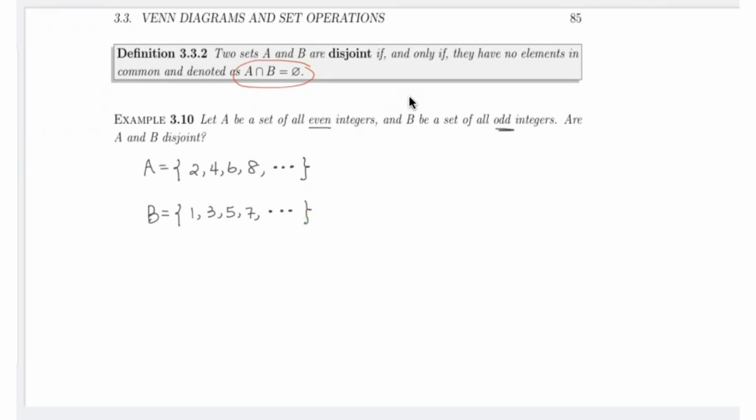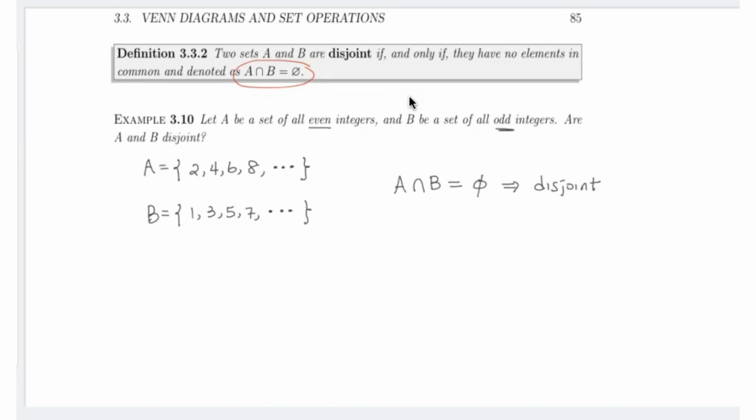So the question is, A intersect B. What are the common elements of A and B? There are no common elements, right? Empty set. That implies disjoint. Question? No question.